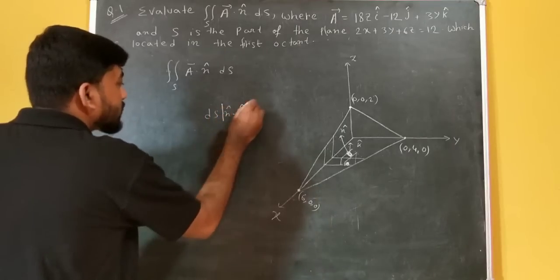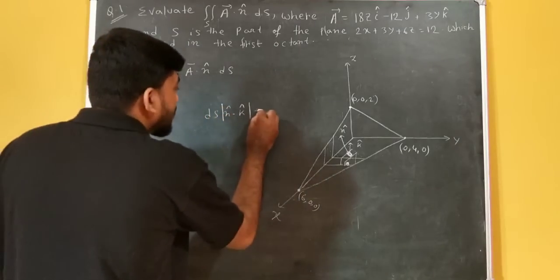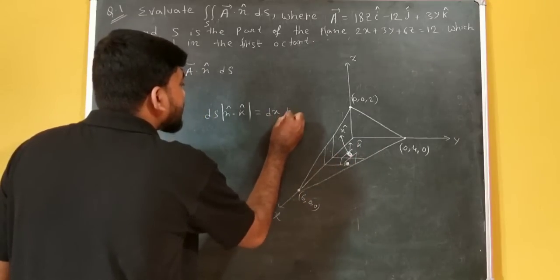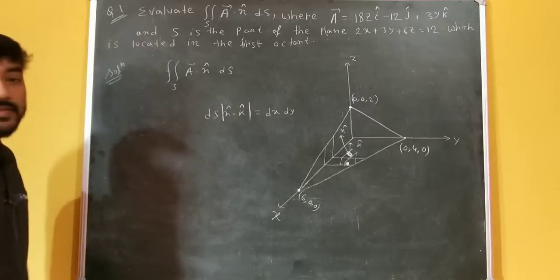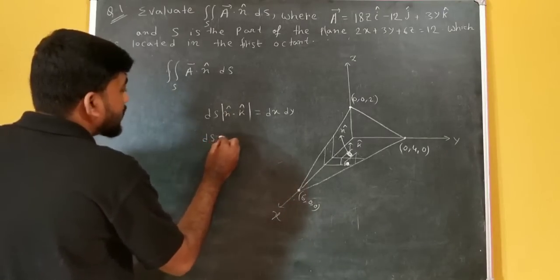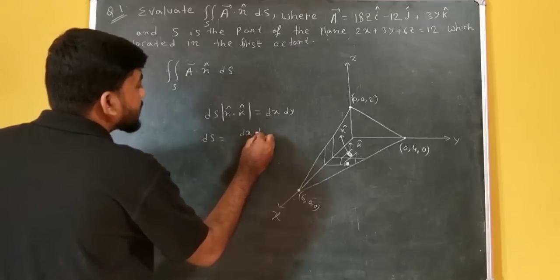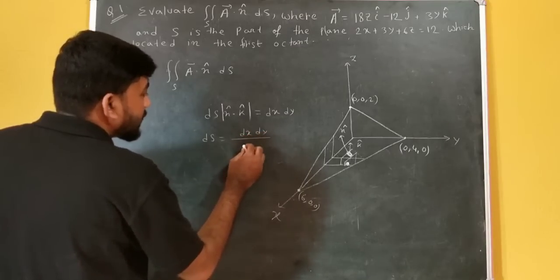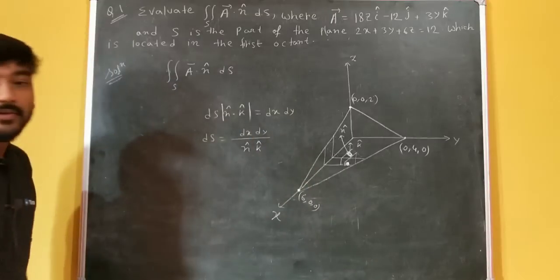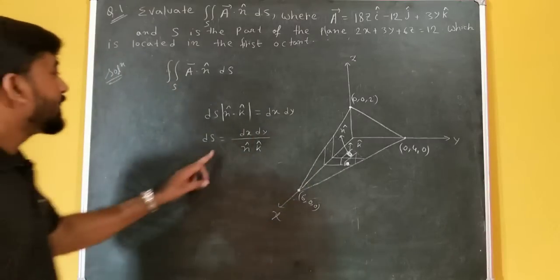So it will be dS mod n dot k cap, and since the projection is on the xy plane, it will be dx dy. So dS is here just dx dy divided by n dot k. This is our dS.